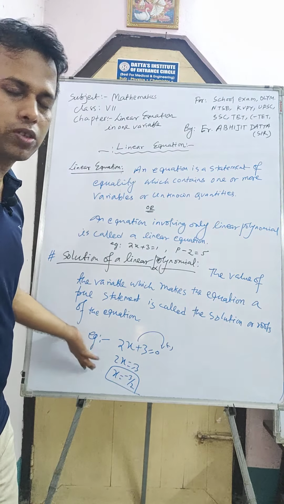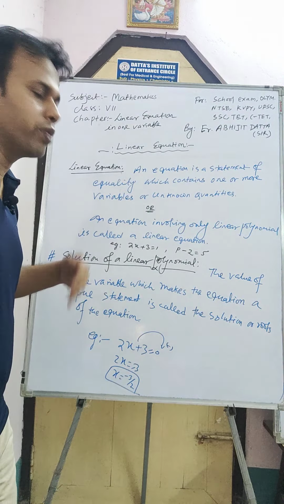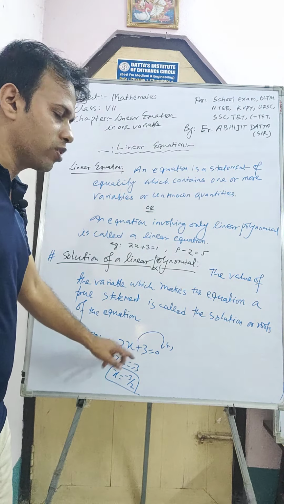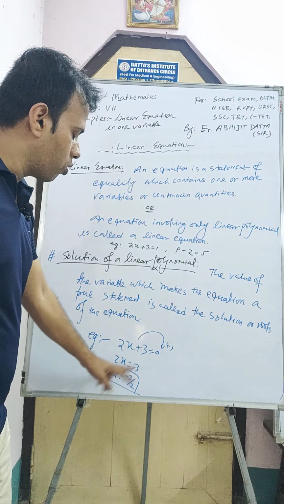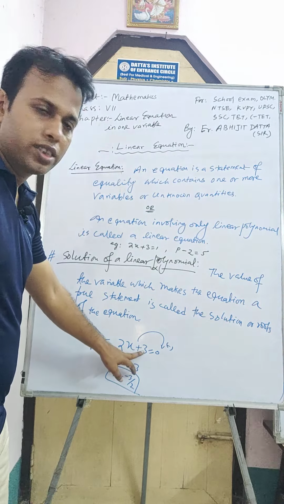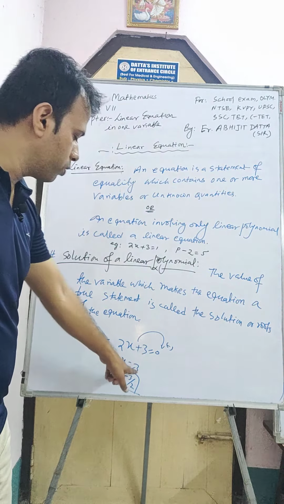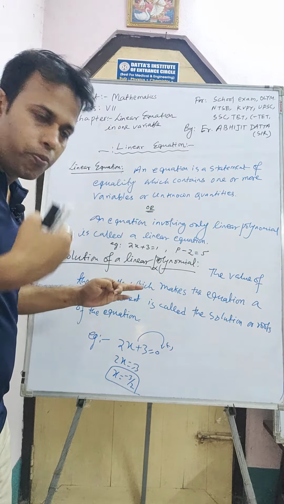Just take an example here. What is actually the solution or roots? I take the equation 2x plus 3 equal to 0. Now 2x equal to minus 3. Why? Because I change the digit 3 from the left side to the right side, so if it changes, then minus becomes plus and plus becomes minus.